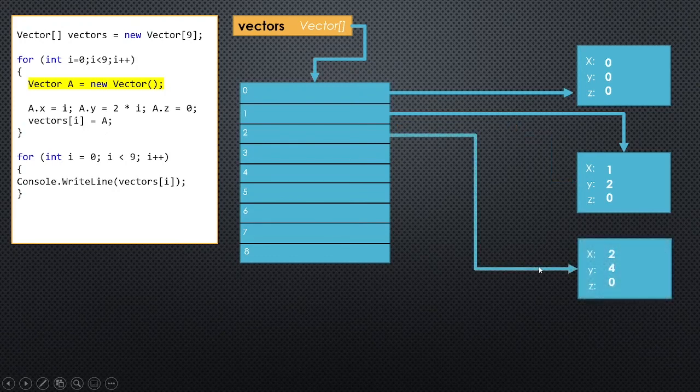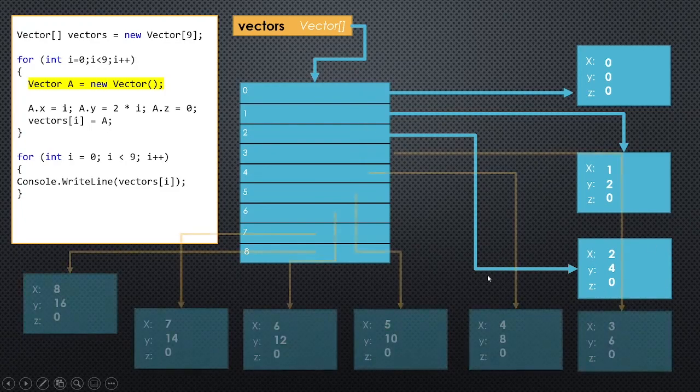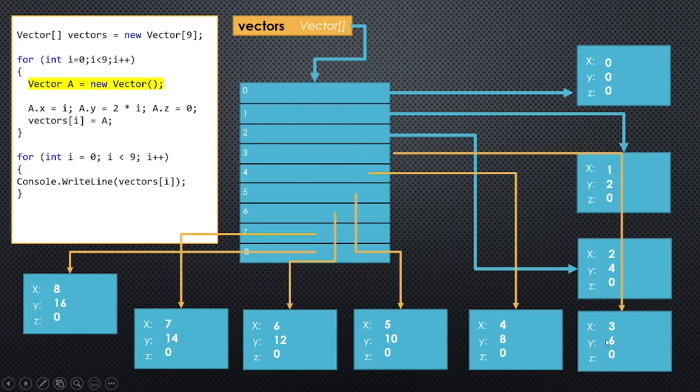So if we keep doing this, we are basically generating a new copy of A and then attaching it to the array. And when you do that all 9 times, you end up with 9 individual usable instances of the object vector, and 9 individual reference variables pointing to those copies. So I can still access all of them.